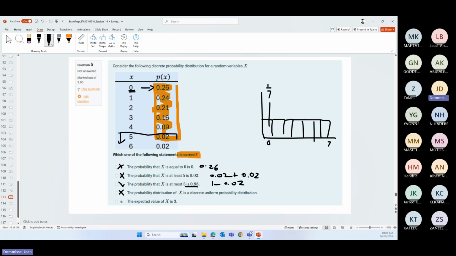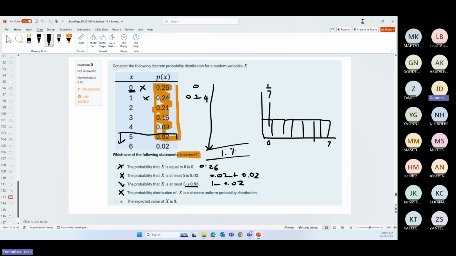And then to work out the expected, you needed to say 0 times that to get 0, 1 times that, and then add all of them together to get the answer. So if you do that for all of them, we will get 1.72.